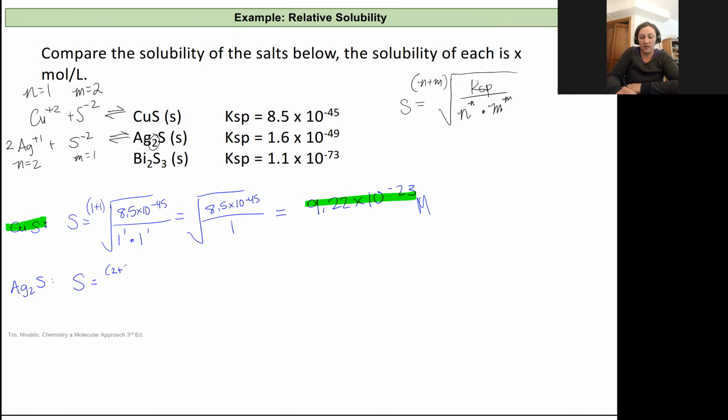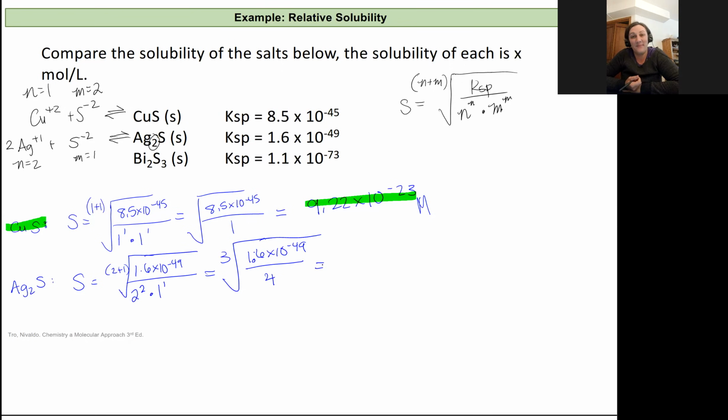So this will be the cube root. My solubility product is 1.6 times 10 to the negative 49, and this will be divided by 2 squared times 1 to the first. So I'll have the cube root of 1.6 times 10 to the negative 49 divided by 4.